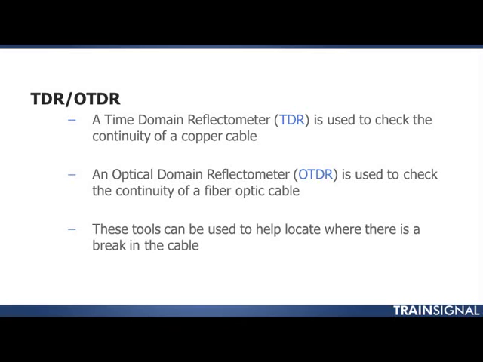And since the TDR is used for checking the copper cable, an OTDR, which is an optical time domain reflectometer, that is used to check the continuity of an optical-based cable, or what we learned to be fiber optic cable. Okay, so in either case, we're talking about checking the continuity of a cable, whether it's copper or fiber optic.